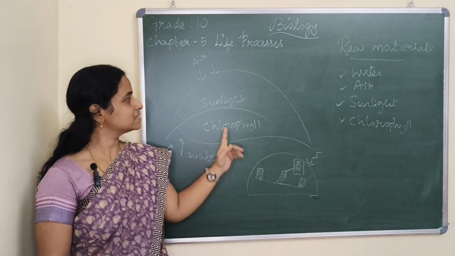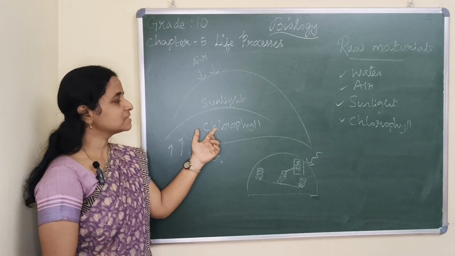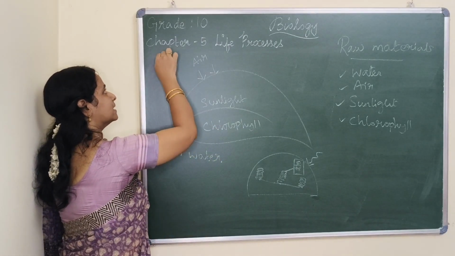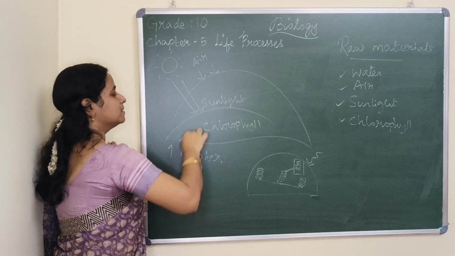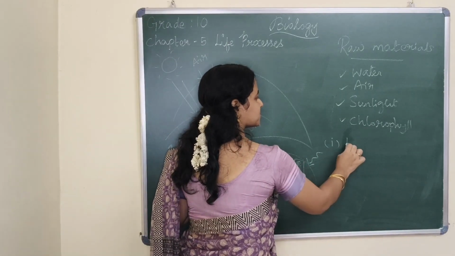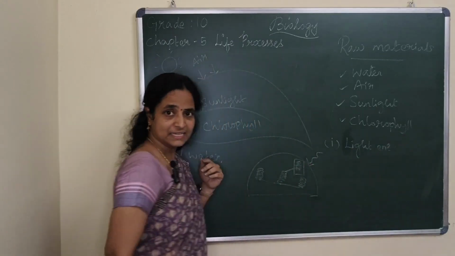The first step is absorption of sunlight. Since you have chlorophyll, the chlorophyll will absorb sunlight. So the first step is absorption of light energy.